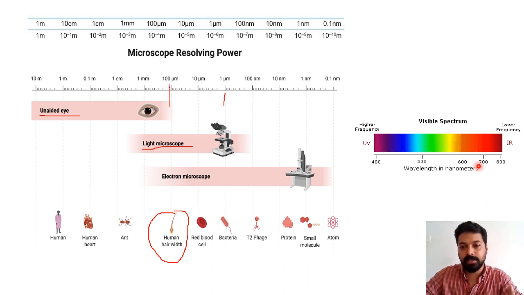By using this wavelength, you cannot see any particle smaller than 400 nanometers. So if you want to visualize any particle or matter less than 400 nanometers, we have to use something extra.